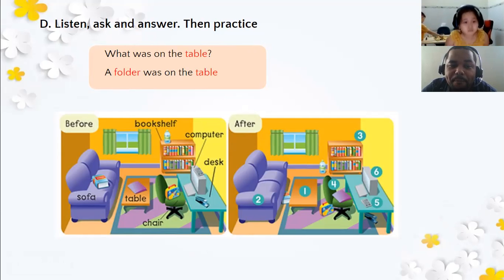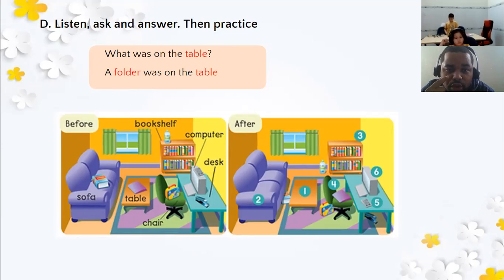And I want you to help me. Let me see if you can help me read it. So I am going to ask you again, what was on the table, and you're going to say what is on the table or what was on the table.